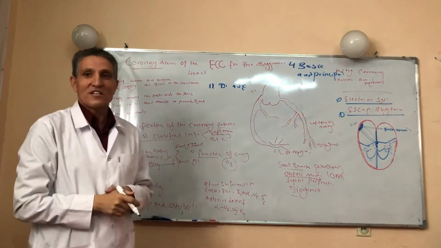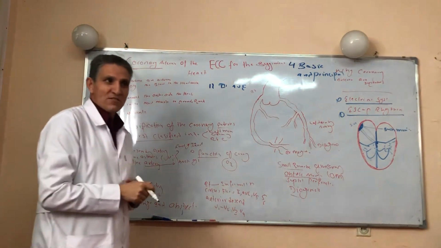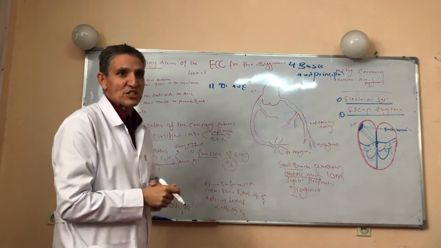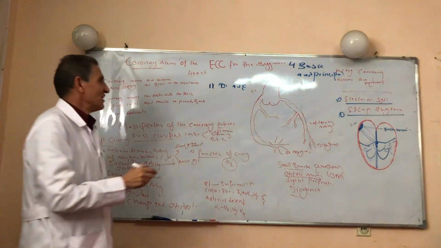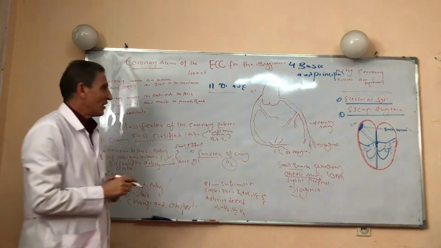Obstruction of the right coronary artery affects the inferior wall, with changes in leads 2, 3, and AVF. In short, we want here to discuss the inferior wall MI.